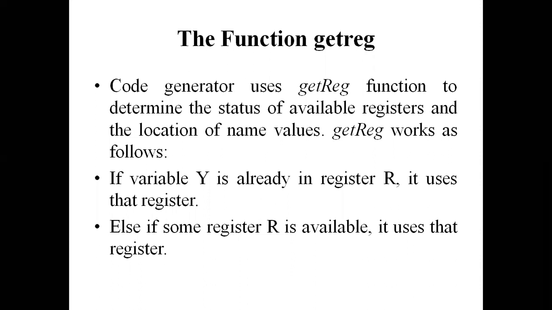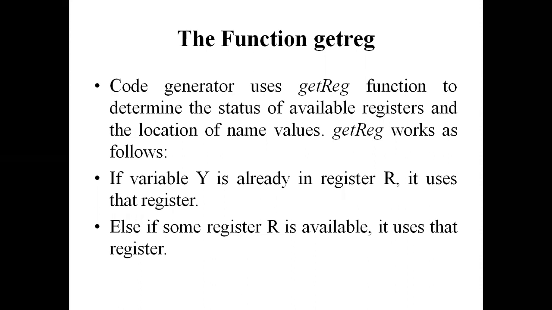That means this get register works on the principle of, for example, if variable y is already in register R, it uses that register. That is move y comma R. If you have an instruction like move y comma R, then we need to use the register R. Else, if some register R is available, it uses that register, without defining a new register for the variable y.